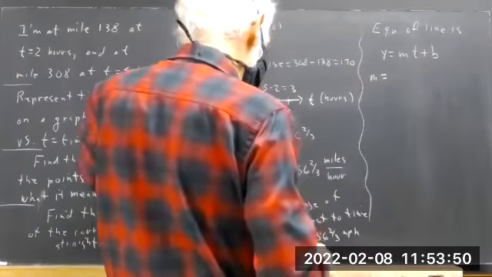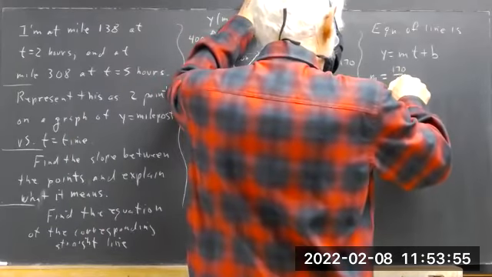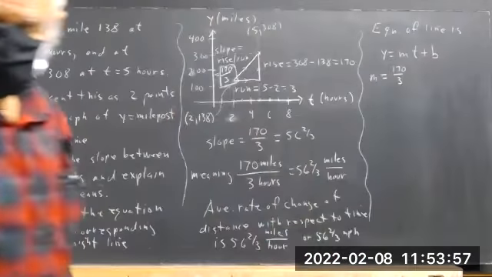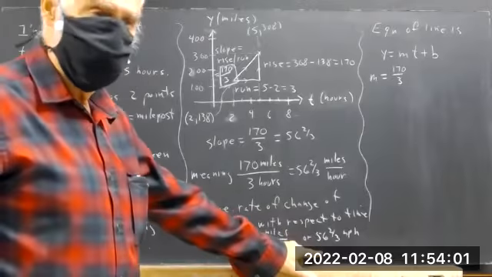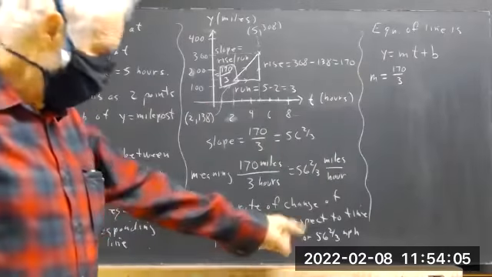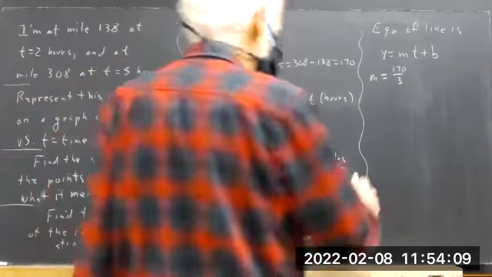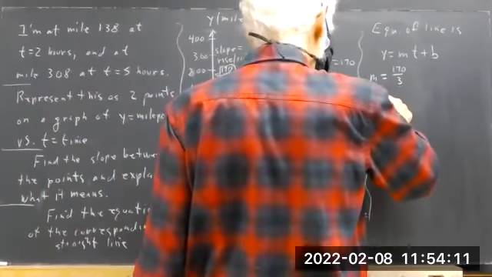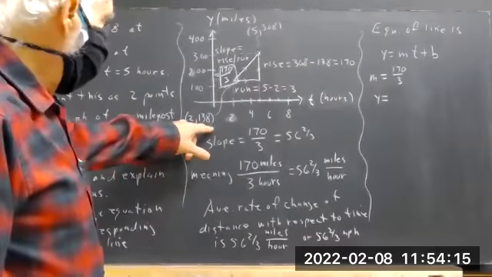Okay, well, m is 56 2/3, and I'm going to write this as 170 thirds rather than a mixed number. Mixed number gives us information, tells us how fast we're going. 170 over 3 is not as obvious, right? We can relate that to how fast we drive. And y equals 138 when t equals 2.